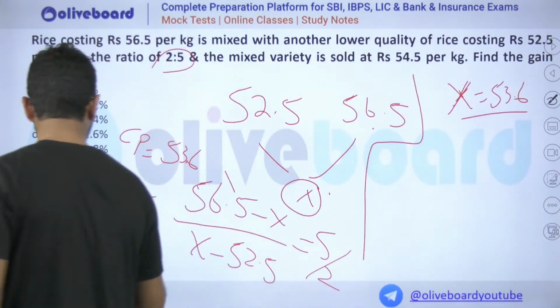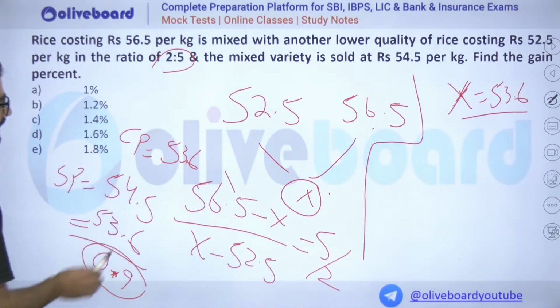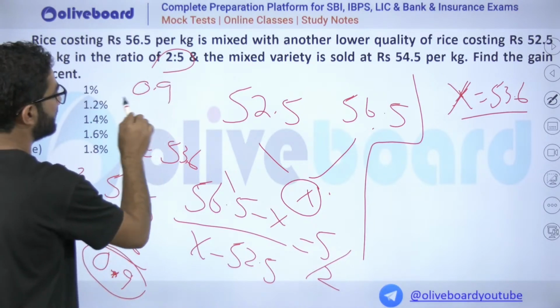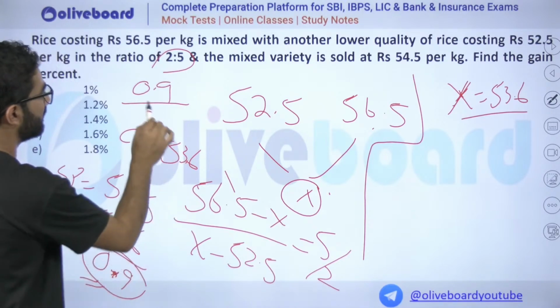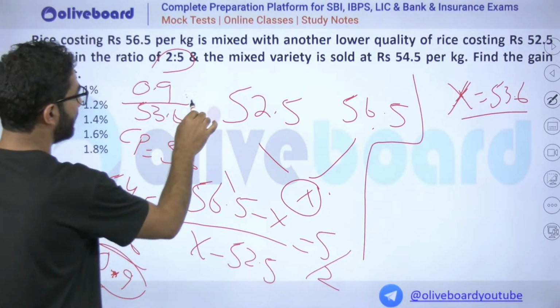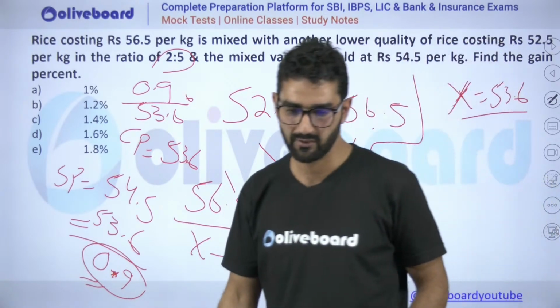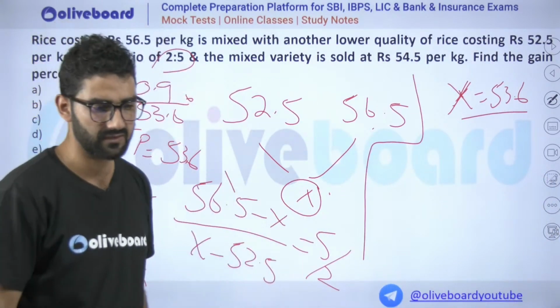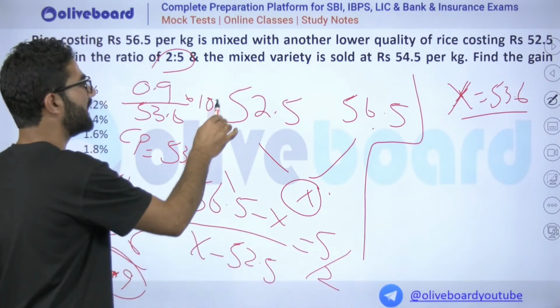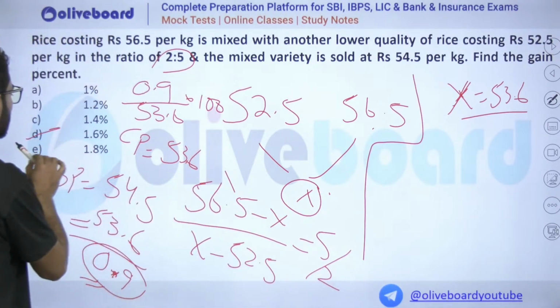Now you can calculate the value, my dear. The profit with respect to 53.6 multiplied by 100. Okay, calculate the value. It will be 0.9 upon 53.6 multiplied by 100. You will get the value exactly regarding this option D.